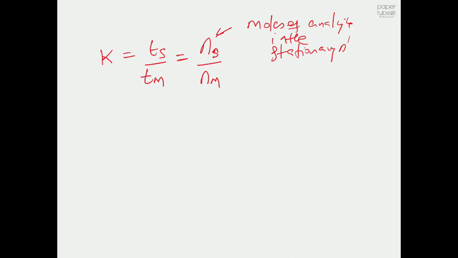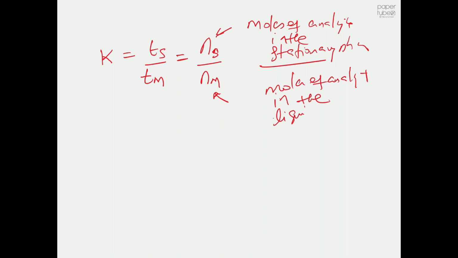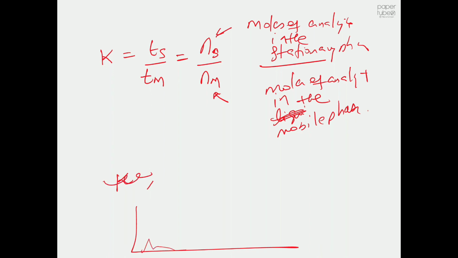We already solved a few problems during this lecture. You are going to expect something similar in your final exam. So moles of analyte in the mobile phase. In the exam, I might give this retention factor K, and then I will give the chart that we normally observe in a longer column, or just some chromatogram like that.